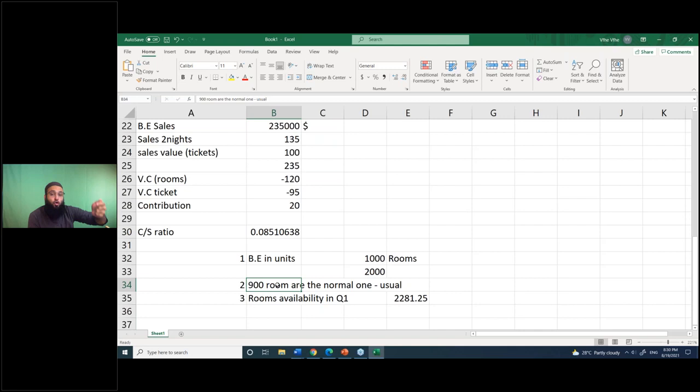So this means that you require 2,000, and it's very much clear that you don't have the option in that case. So you cannot go for this option because you don't have the availability, right?